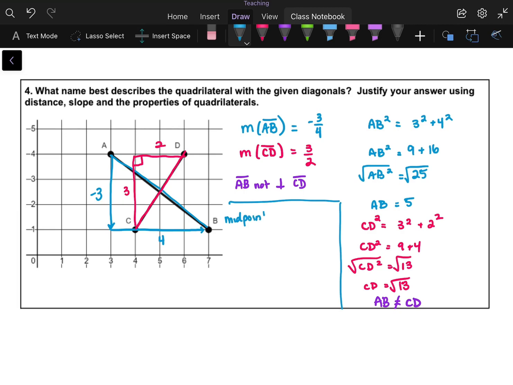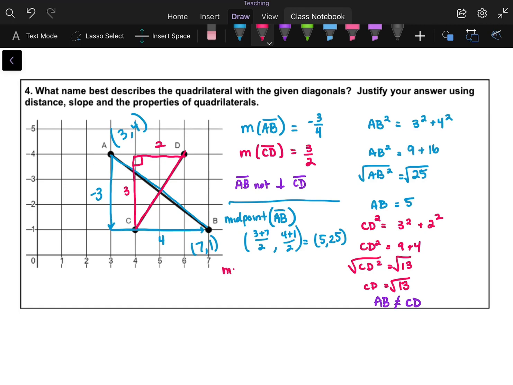So the midpoint of segment AD is going to be equal to, well, our first coordinate up here is 3, 4, and our second coordinate is 7, 1. So my midpoint is 3 plus 7 over 2, 4 plus 1 over 2. This will give me 5, 2.5 for our midpoint of that first segment.